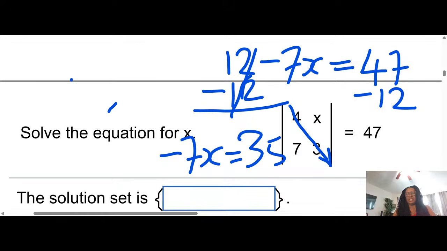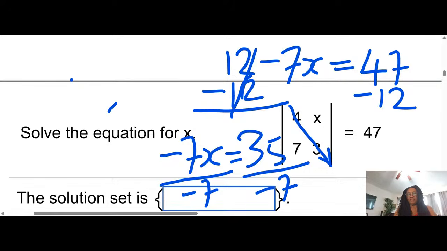All right, the next step is to isolate x, because I am told to solve for x. So divide both sides by negative 7. Now I have x is equal to, when I divide negative 7 by negative 7, I have positive x.